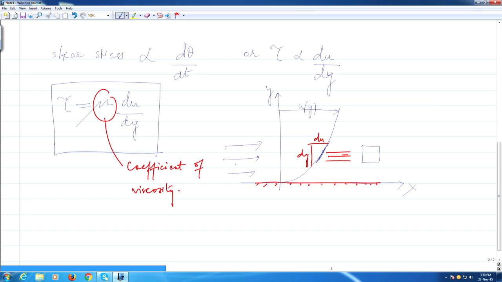At a certain point, we took the origin somewhere and the velocity plot looks like that, okay?